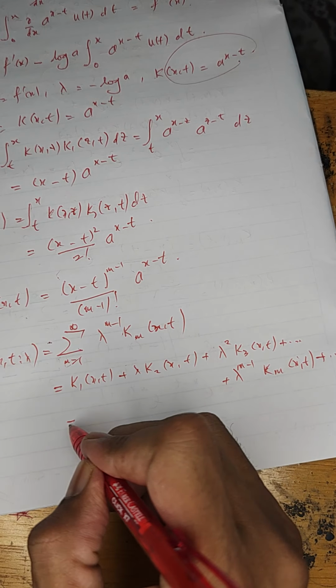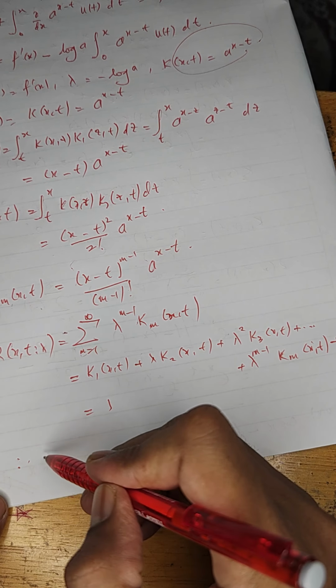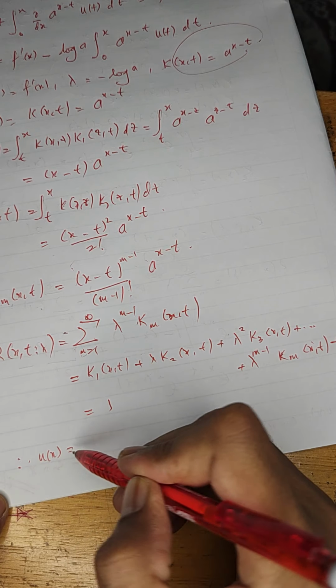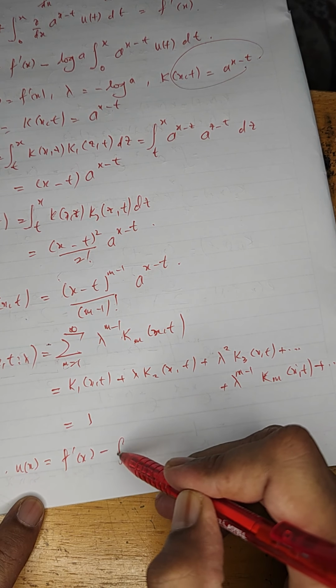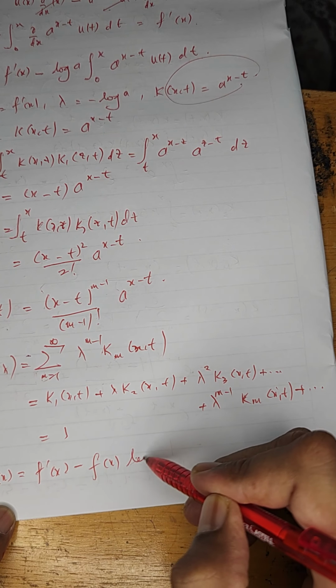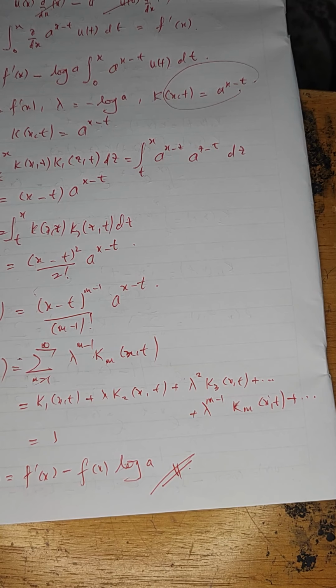If you do this, you get this is equal to 1, and therefore the solution is given as u(x) equal to f prime of x minus f(x) log a. So that's the final solution.